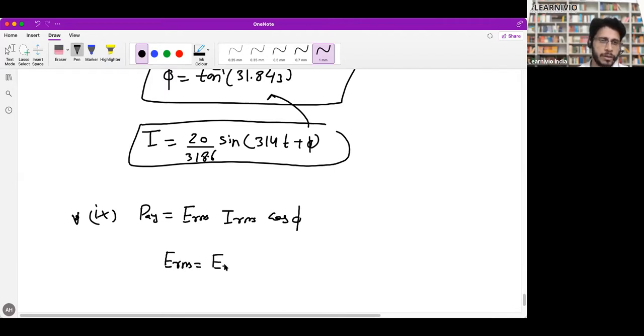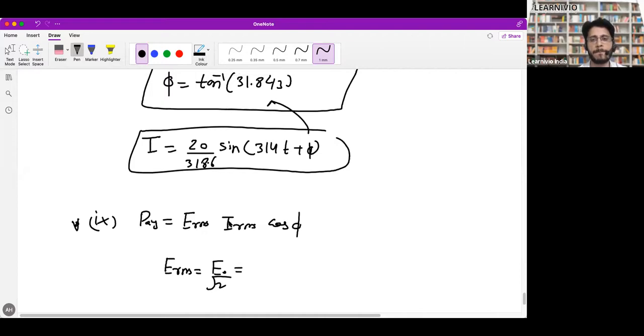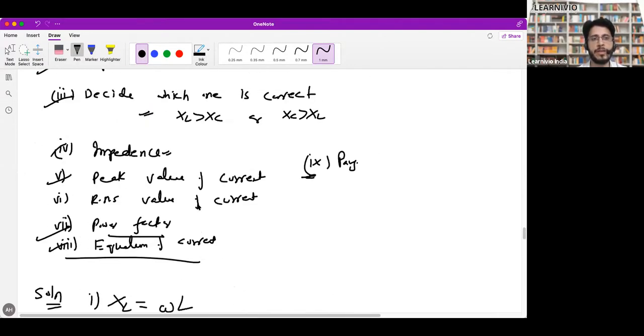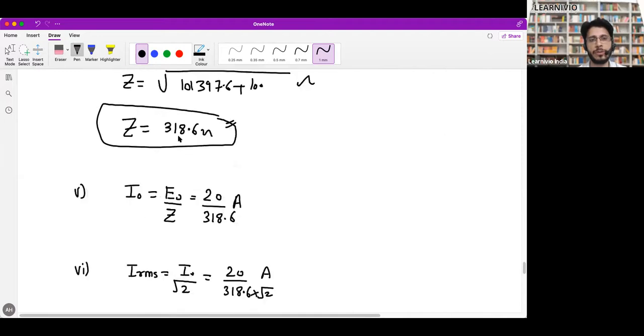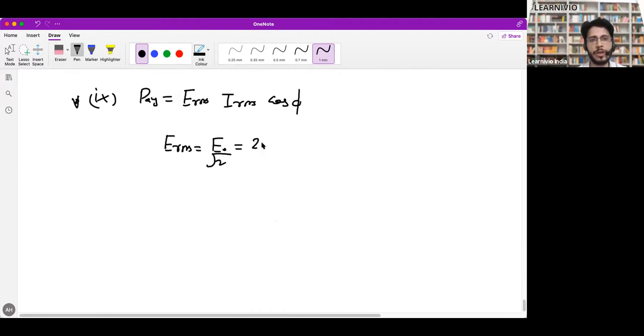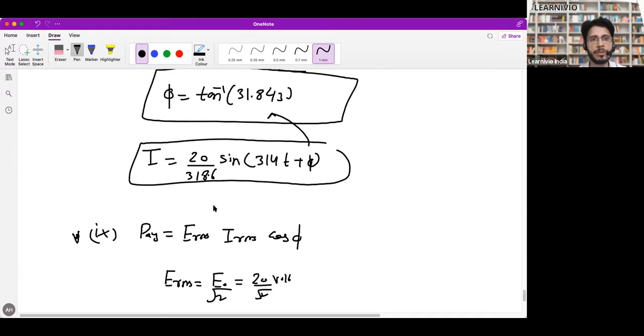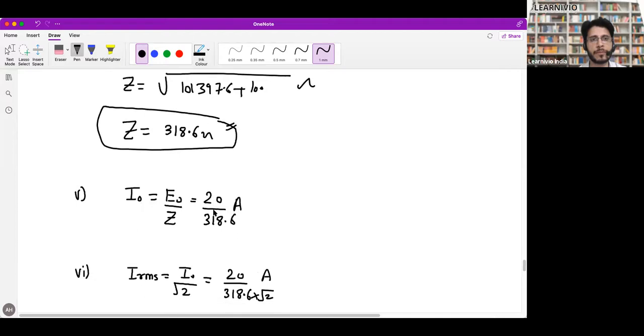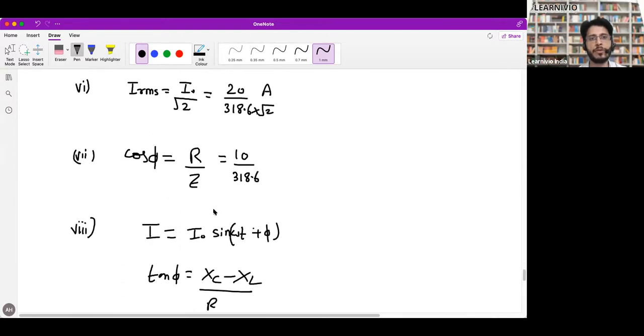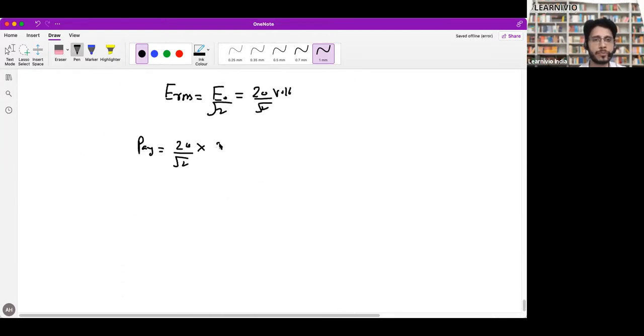It's E naught divided by root 2. E naught is 20. So it's 20 over root 2 volt. When you substitute these values, you can write P average is 20 by root 2 into IRMS, which is 20 by 318.6 into root 2.